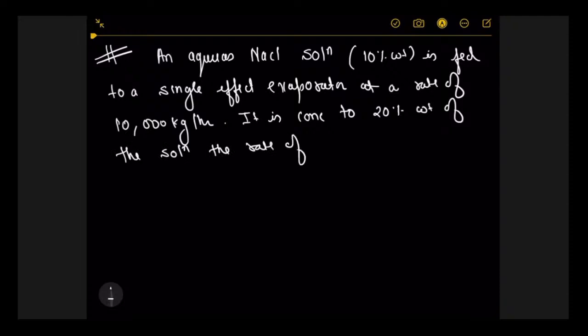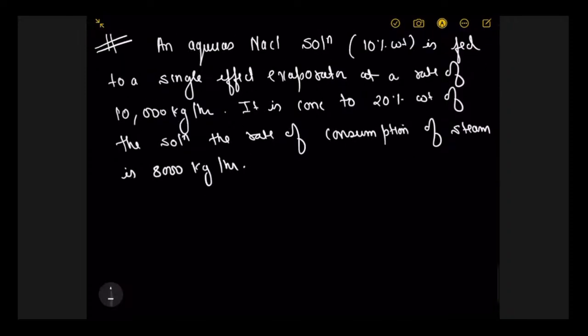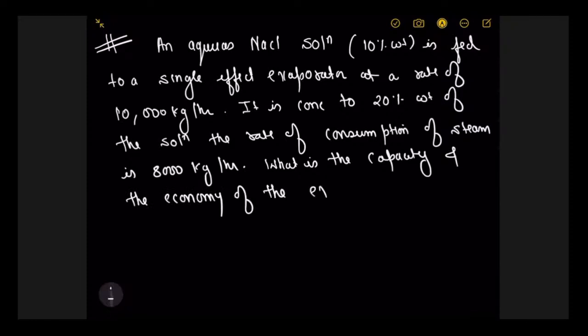The rate of consumption of steam is 8,000 kg per hour. What is the capacity and the economy of the evaporator? Okay, solve this.